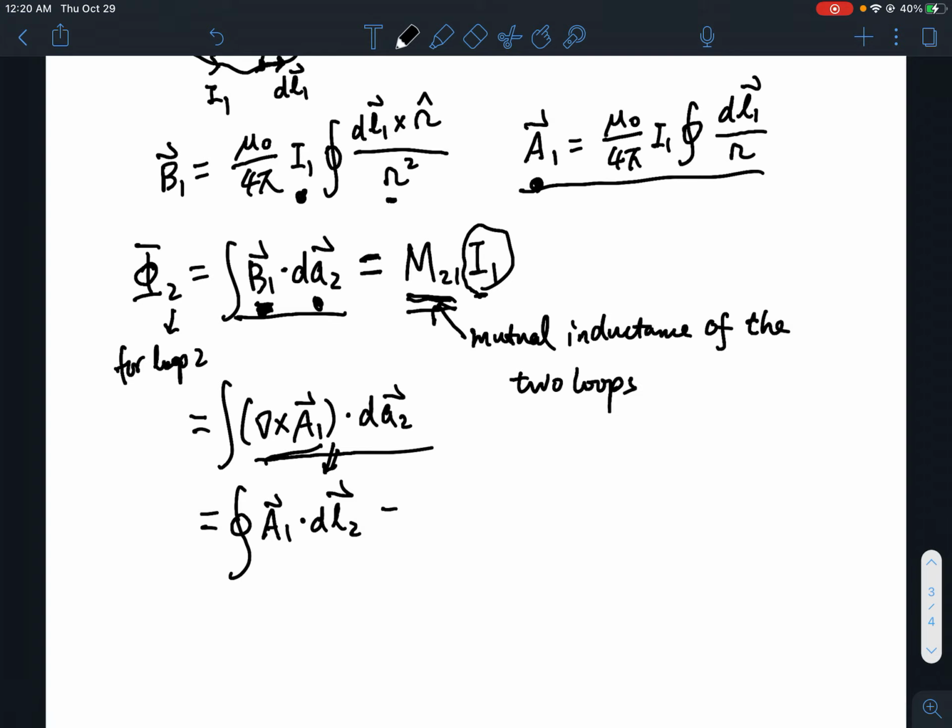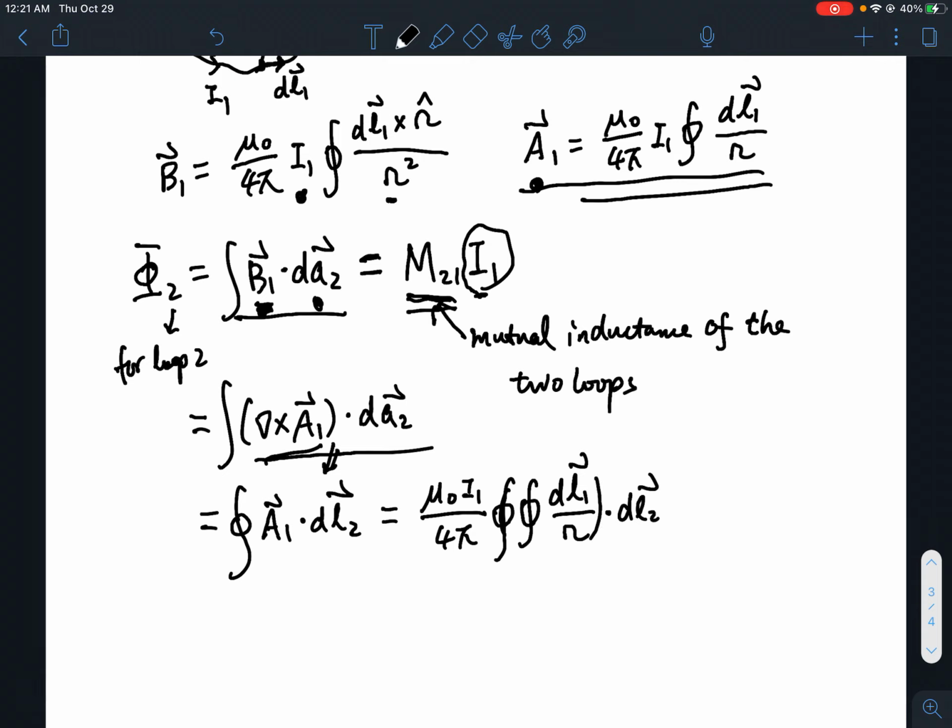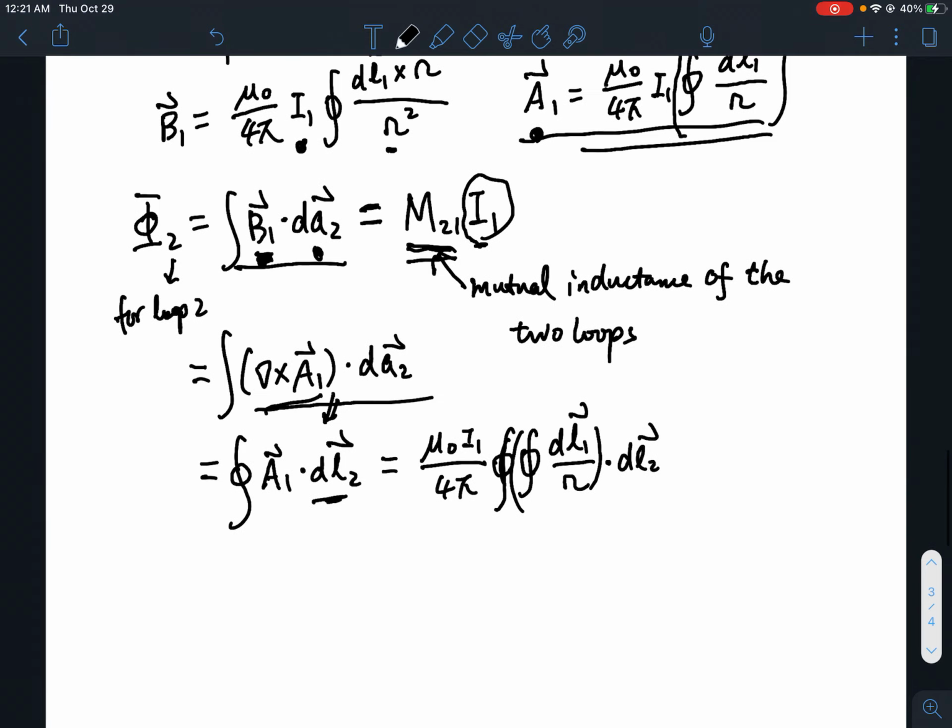Here I already showed you how to calculate A1, so we can just plug it in, with the 4 pi. Now we have two integrals: the first one is on dl1, and the second one is another integral on dl2. So this can be written as this.